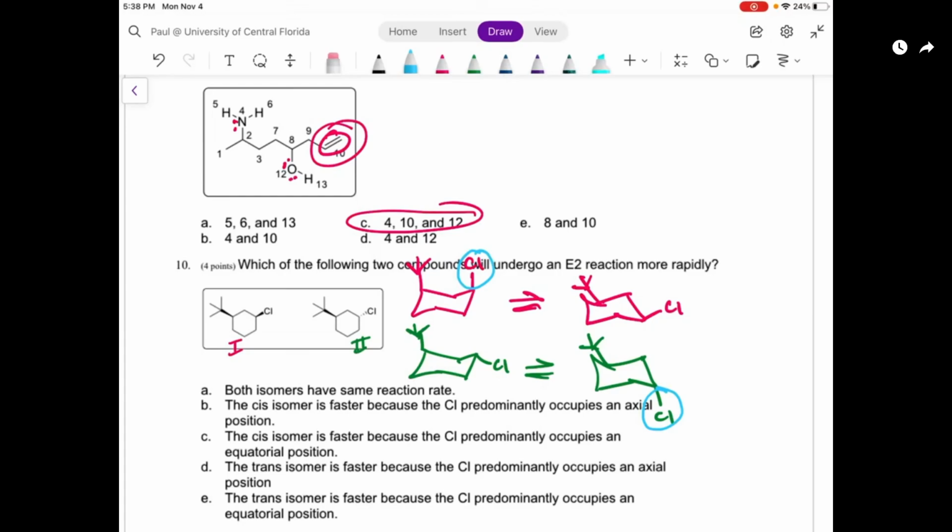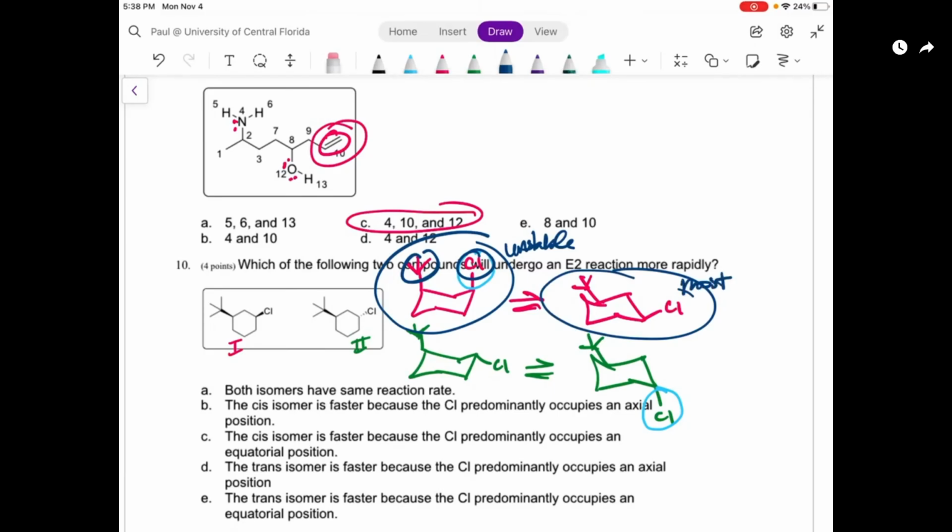Now when we compare the red chair and the green chair, both the ones with the blue circle, which one do you think would be the most stable? Well, in this red one, what do we have? We have both of the bigger substituents in the axial position, which makes it unstable in comparison to both bonds in the equatorial position. So this is the most stable of the red chairs.